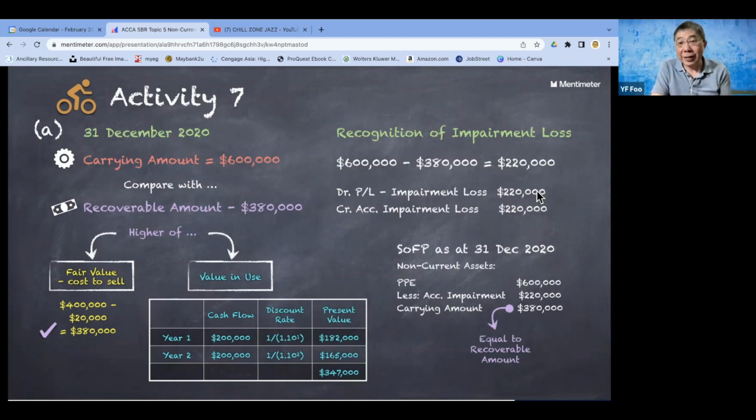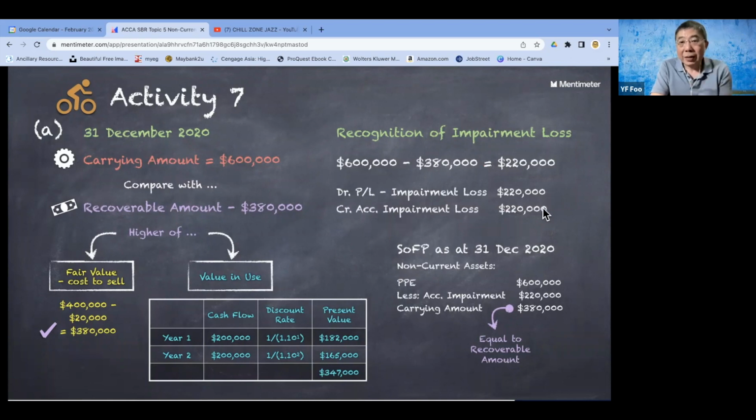Okay, so how you write it down is you debit your P&L. Let's assume that there's no revaluation, nothing. So you debit your P&L, charge it out as an expense, as an impairment loss. You reduce the carrying amount of your equipment by crediting an accumulated impairment loss account, which is a contra asset account. You will knock it off against the cost or carrying amount of your equipment.